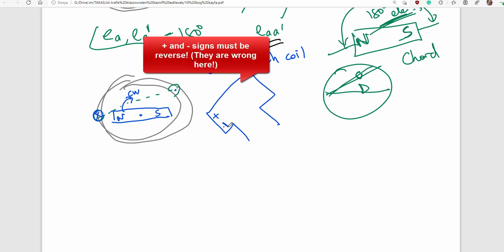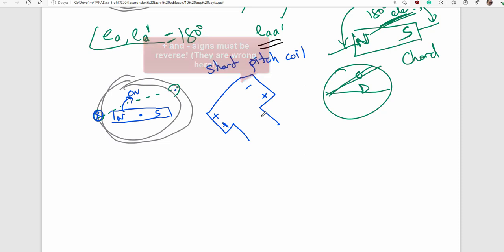Plus and minus, and again looks like plus and minus, but here is something different, ladies and gentlemen. Let's say A side, A prime side.